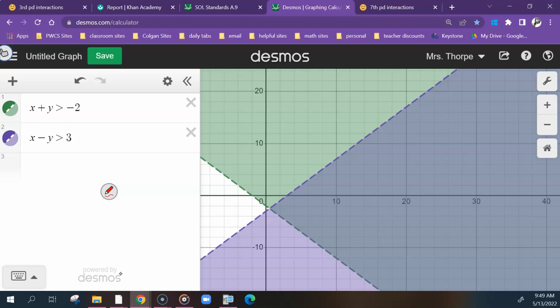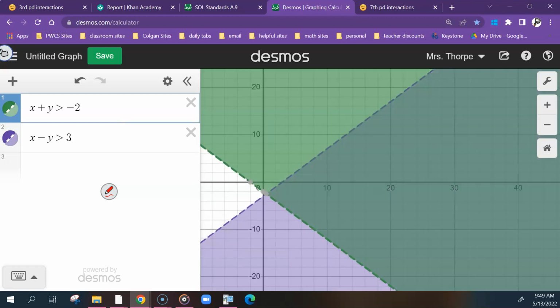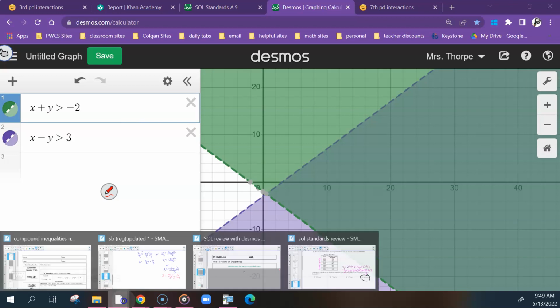Any others on this page? Now, if you actually had to graph it, you could count your slope and find your y-intercept, and you may need to zoom in to do that in order to actually graph it.